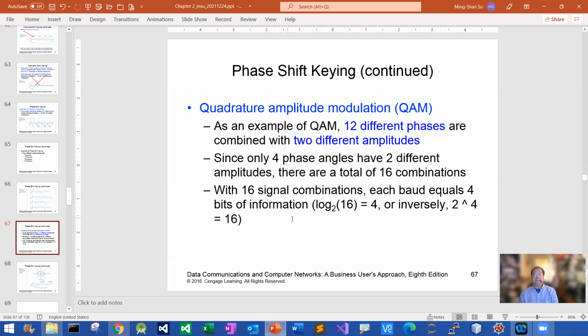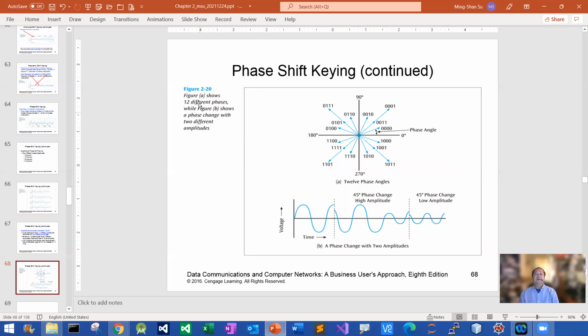Which means that with these 16 combinations, we can represent 4 bits of data. So here will be the picture, figure 2-20. Figure A shows 12 different phases. Again, this 360-degree section we separate into different angles, right?